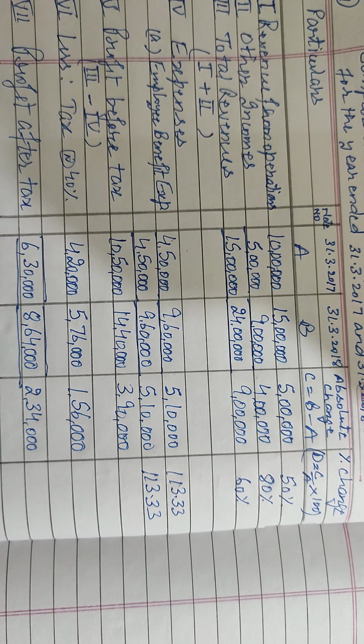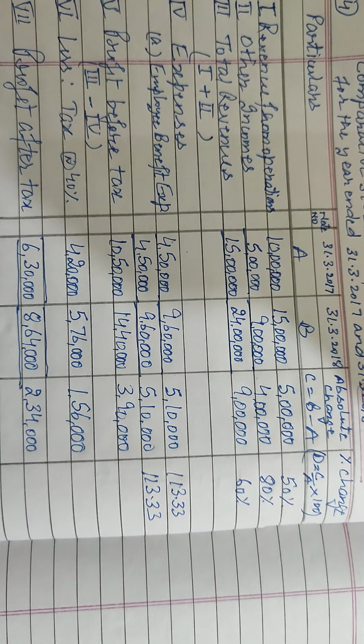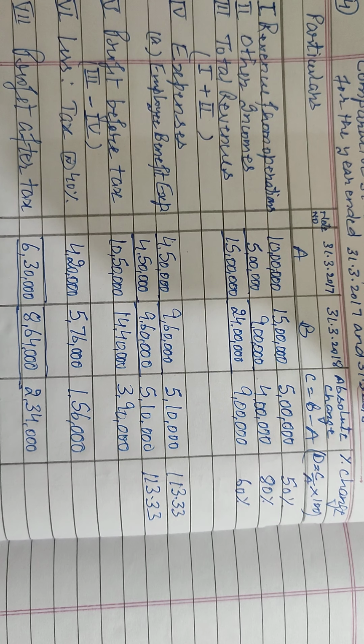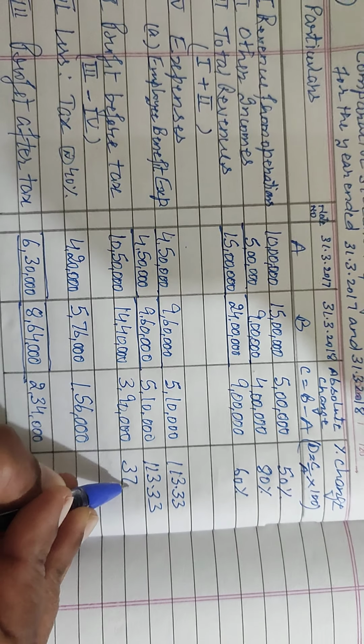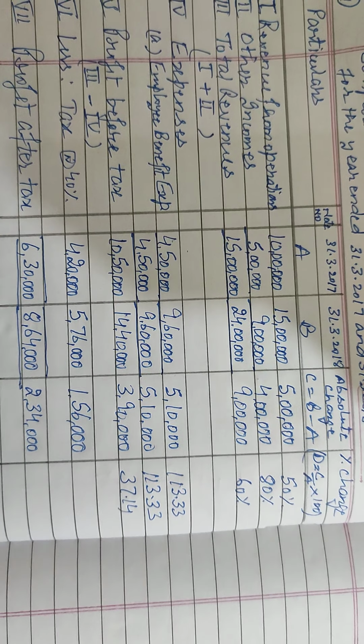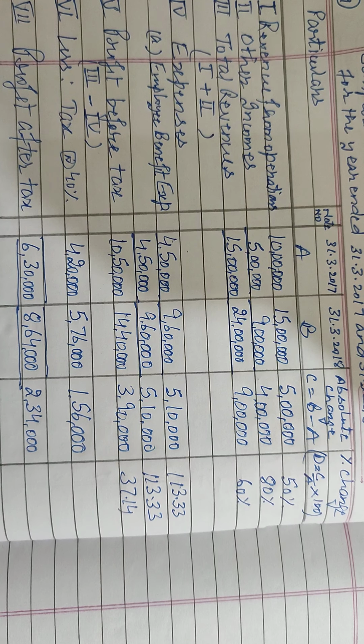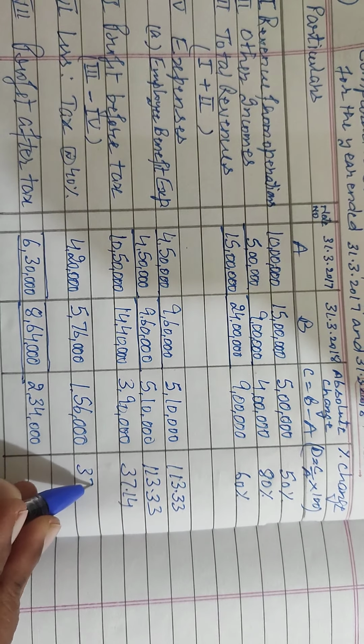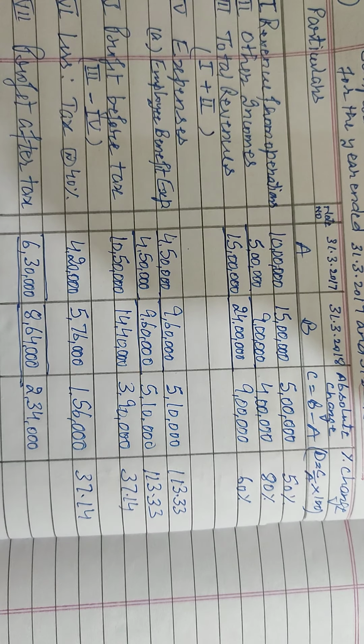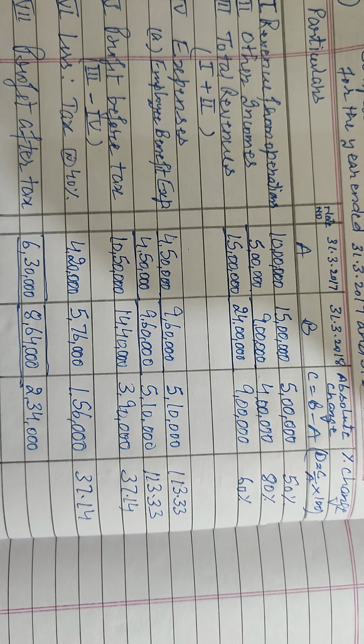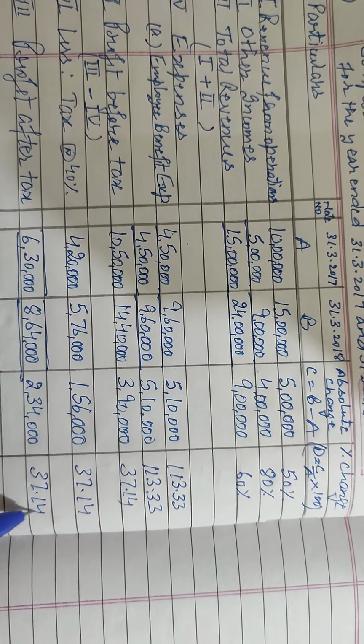Then 3,90,000 over 10,50,000 multiplied by 100 will be 37.14%. Next, 1,56,000 over 4,20,000 multiplied by 100 gives 37.14%. Then 2,34,000 over 6,30,000 multiplied by 100 gives 37.14%. So that's all.